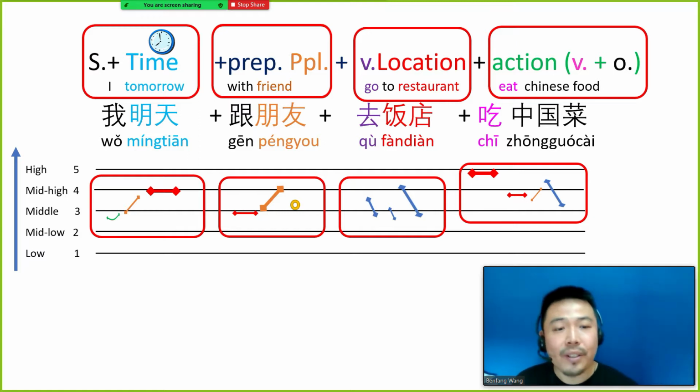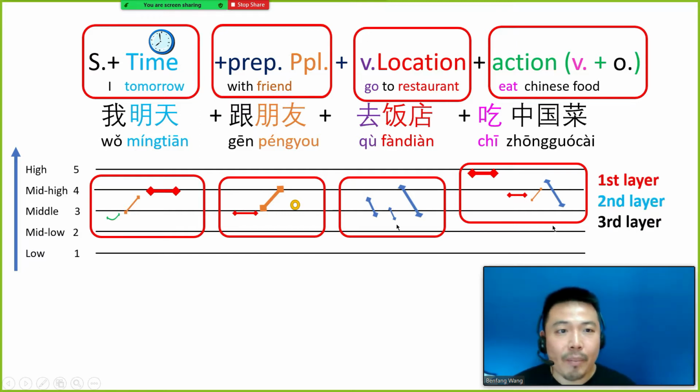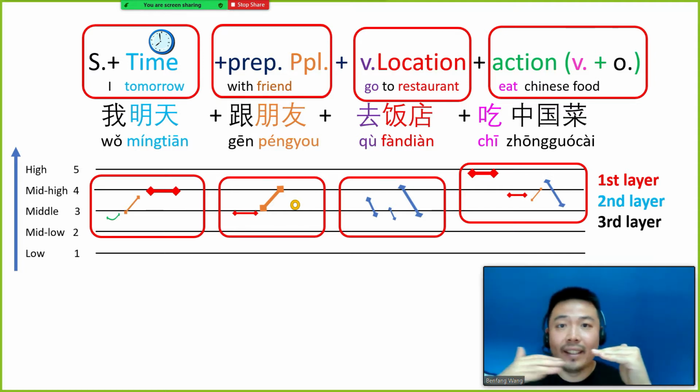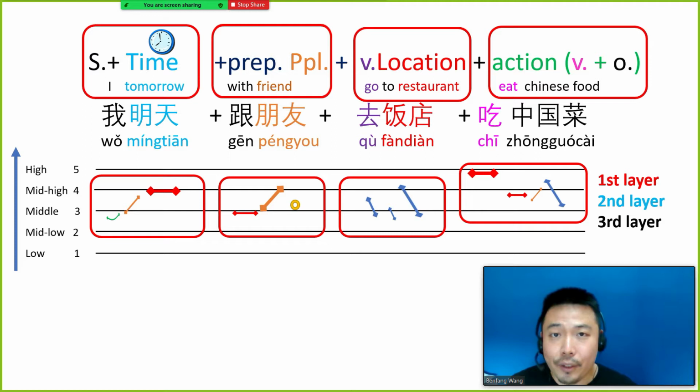And then as you can see in this diagram that inside each chunk there are 2 layers. The higher layer are the last pinyin with tone mark in each chunk and the rest at the lower pitch level. And among the 4 chunks, there must be a chunk moved to the next level.